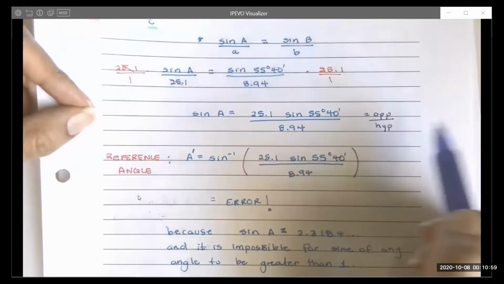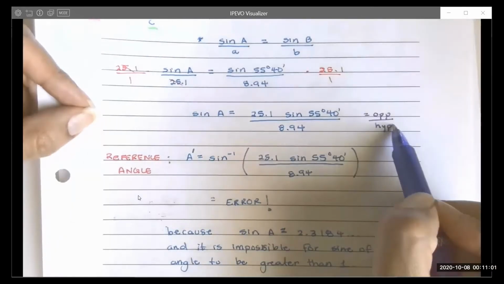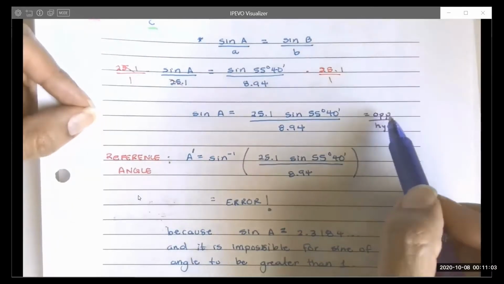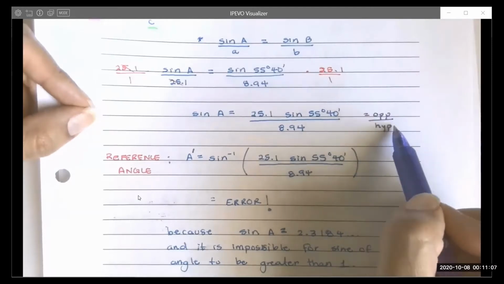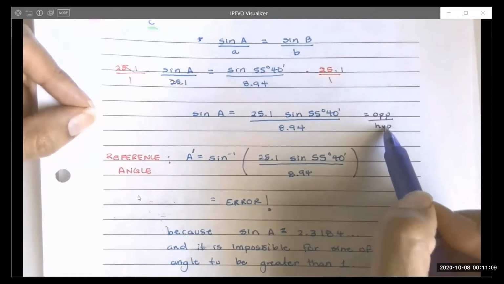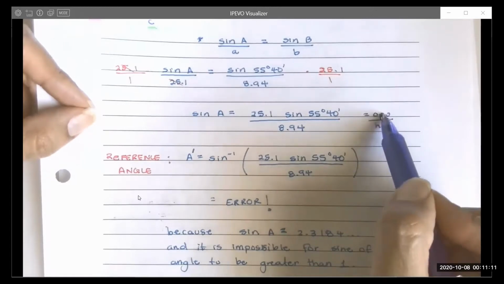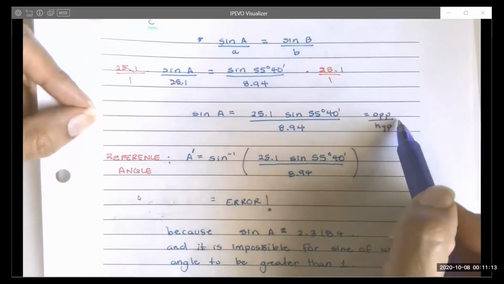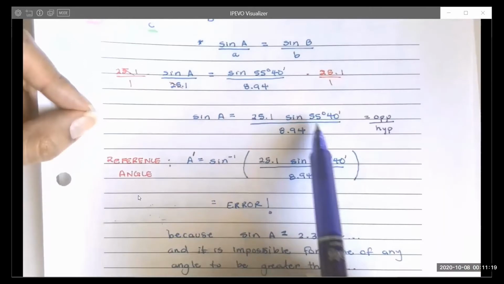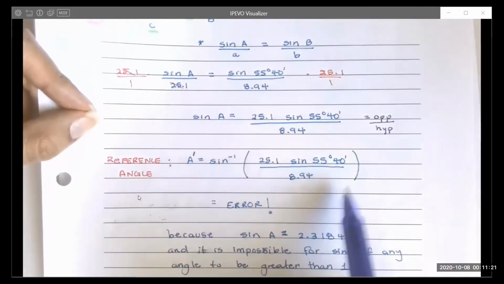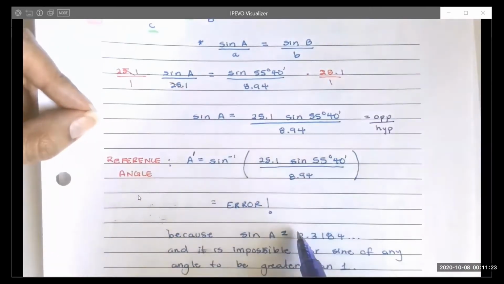If the hypotenuse is supposed to be the largest side, and opposite is supposed to be smaller by definition, right? Then opposite divided by hypotenuse is going to be something less than 1, because the denominator is always going to be larger. So if we're saying that opposite over hypotenuse is something greater than 1, then that's not possible. Okay, so we get an error.